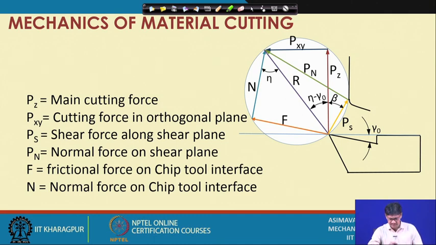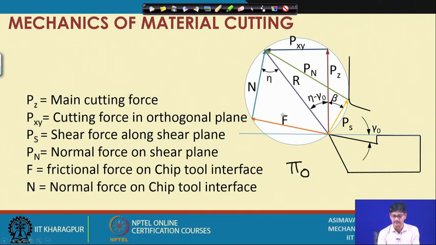I mean, we can break them up into such components. There is a single resultant force. What we know about that force is that it is on the orthogonal plane. So, if this is pi O, the orthogonal plane, we have the resultant force, the resultant of all interactions. If this is R, pointing upwards, we consider the force on the chip. The tool is applying this force on the chip.